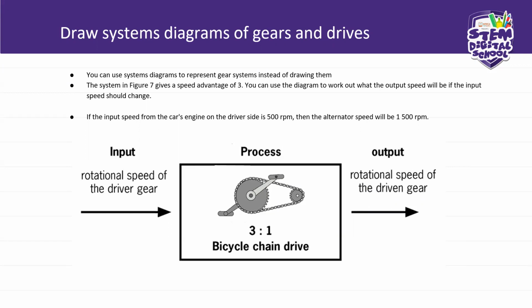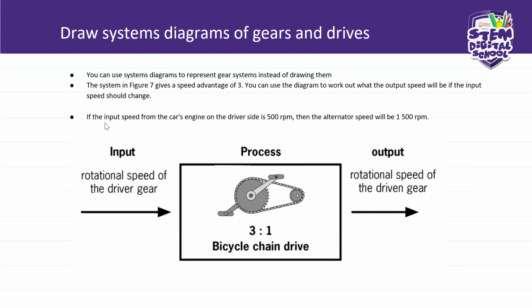Okay, right. This illustration has a speed advantage of 3:1. You can use the diagram to work out what the output speed will be if the input speed should change.